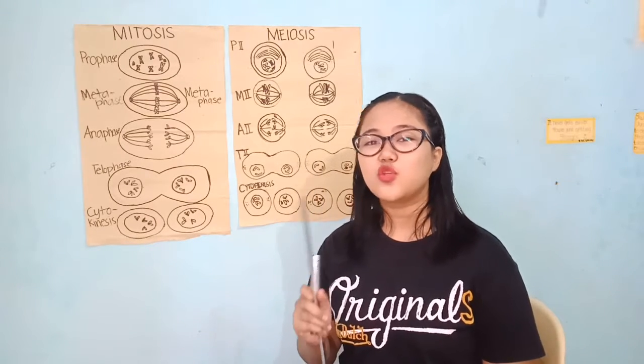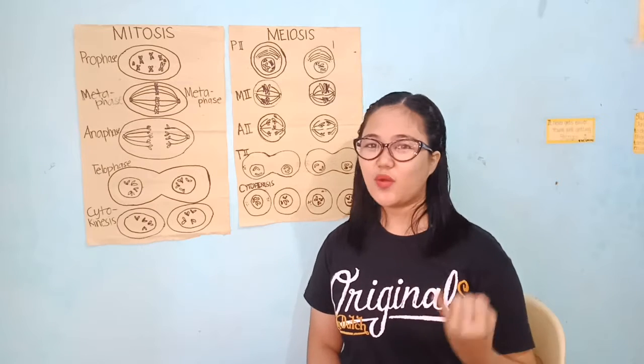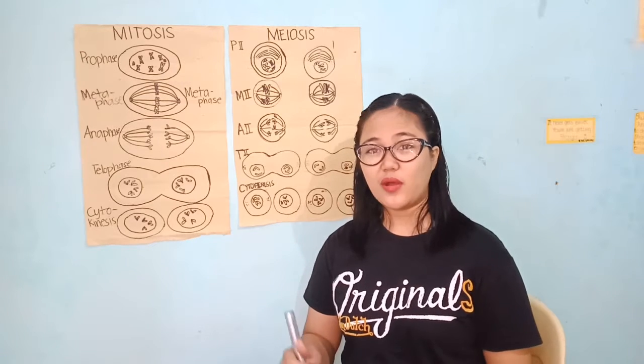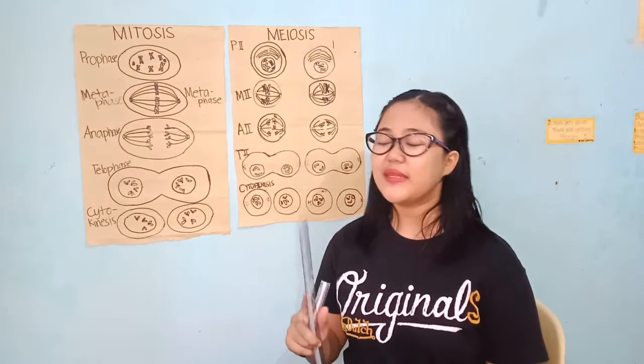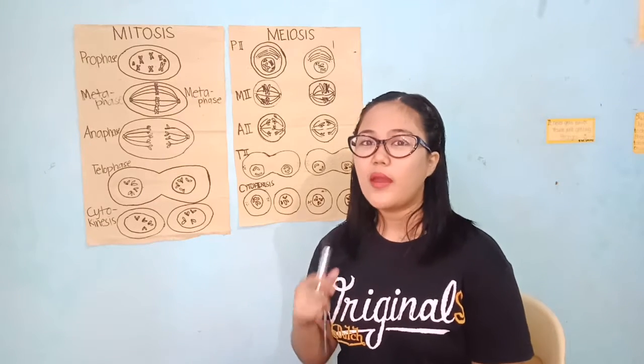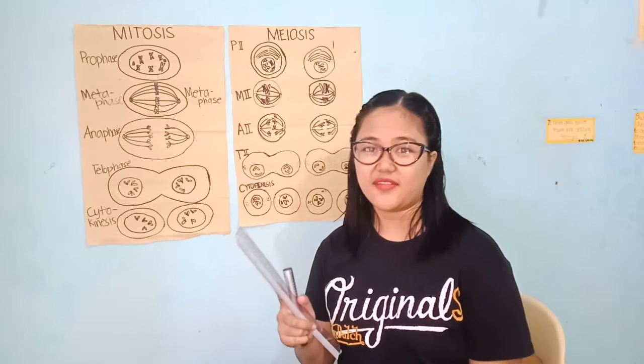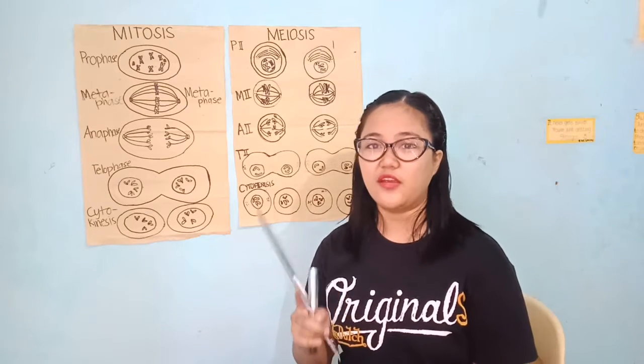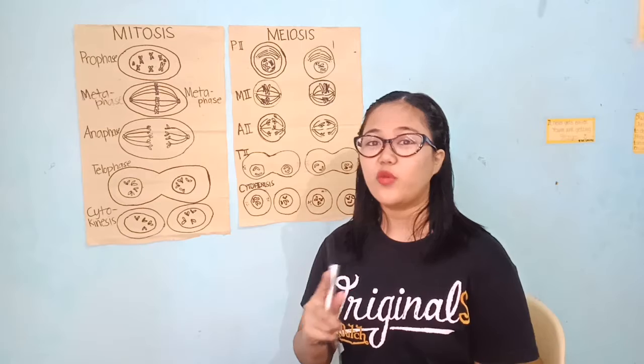Firstly, we have two types of reproduction: asexual reproduction and sexual reproduction. Asexual reproduction is reproduction without both sexes. So, it's single. A means without.